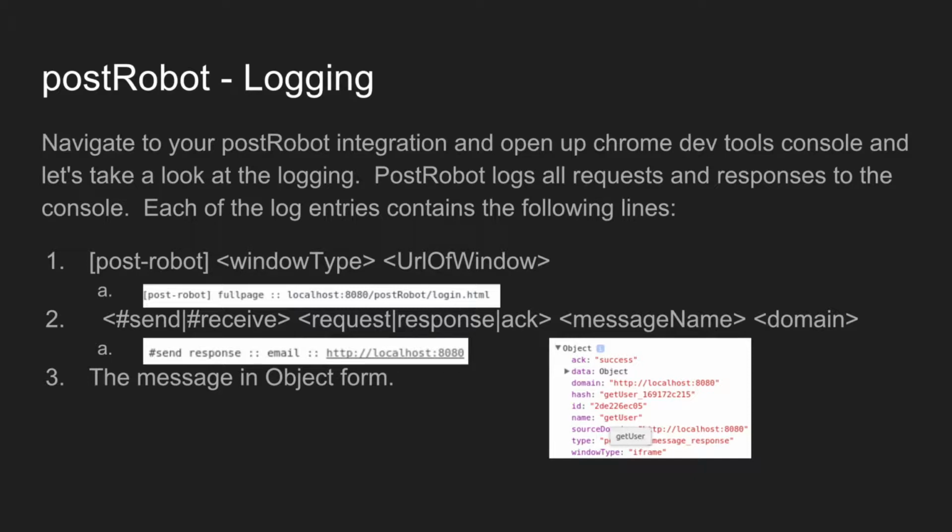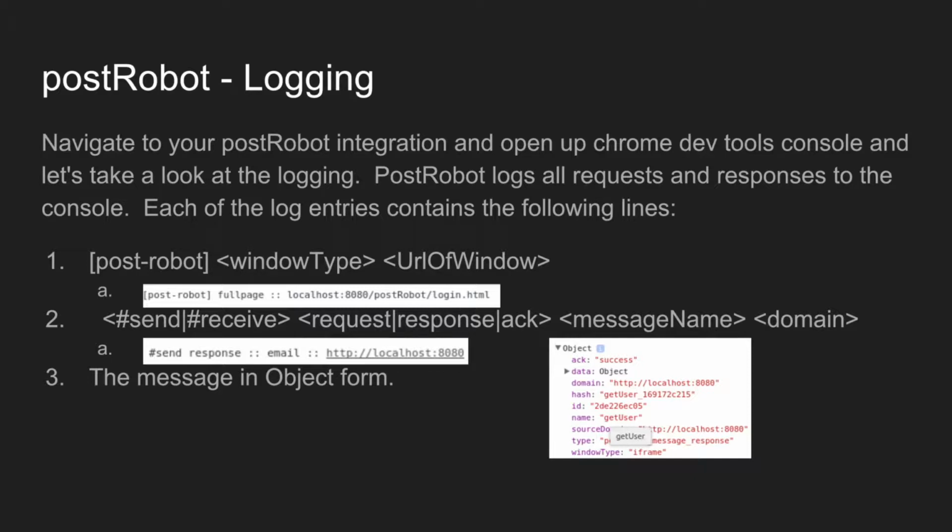Each of the log entries contains the following lines. You'll see the first line, post-robot, identifies that it is a postRobot log. You'll see the window type, which designates where the log originated from. If you see full page, that's probably your parent window. You could also see it say iframe, lightbox, or pop-up as well.